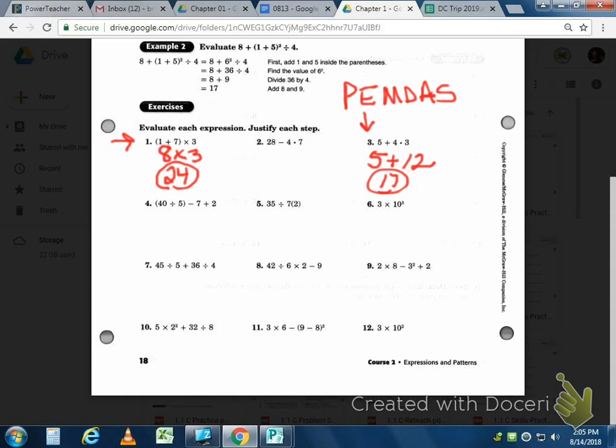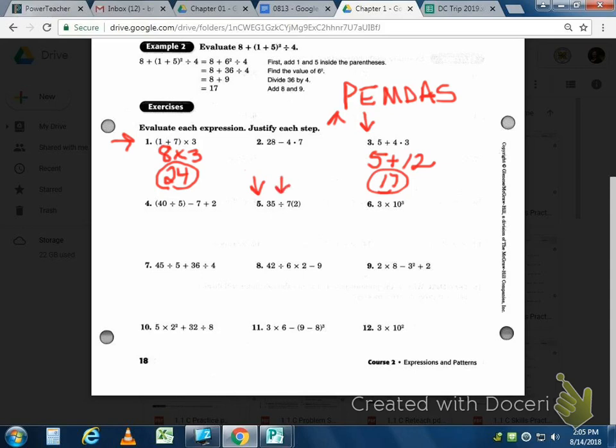Okay, number 5. 35 divided by 7 times 2. These parentheses right here are not the same as this parenthesis. In 7 parenthesis 2, that's just multiplication. So what operation am I going to do first on number 5, Emily? I'm going to divide because I've got a division first.